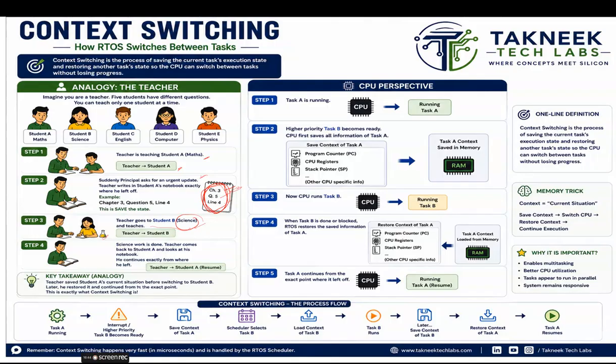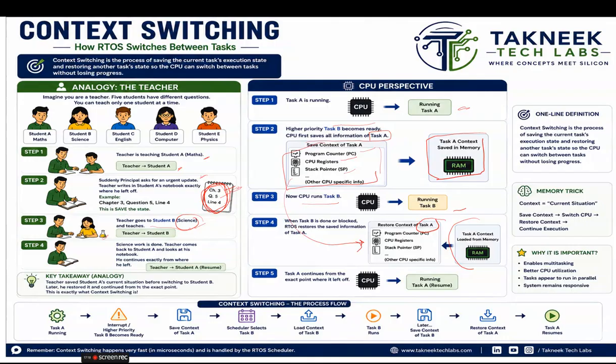Okay, so task A is running on a CPU. A higher priority task B becomes ready. The CPU first saves all information of task A: the program counter, CPU registers, and stack pointer will be saved for task A, and this context is saved in memory, and then the CPU runs task B. And when task A gets the CPU again, it can restore all the things that the task has stored.